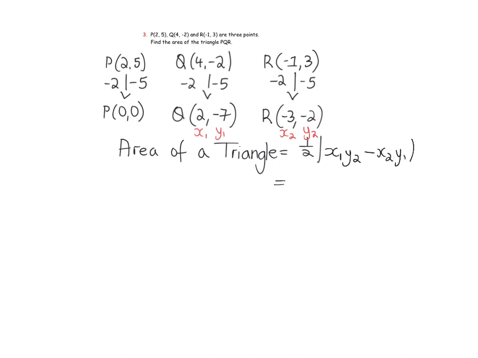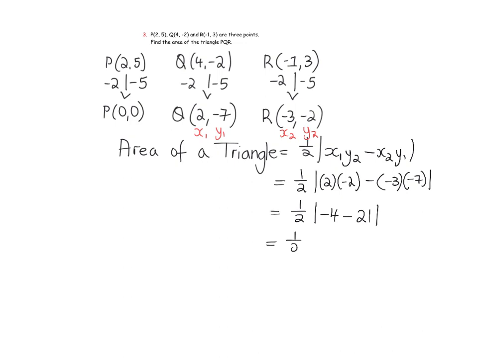The area then, we have a half of x1, which is 2, by y2, which is -2, minus x2, which is -3, times y1, which is -7. Here then, we're going to get a half of 2 by -2 is -4, and -3 by -7 is plus 21.